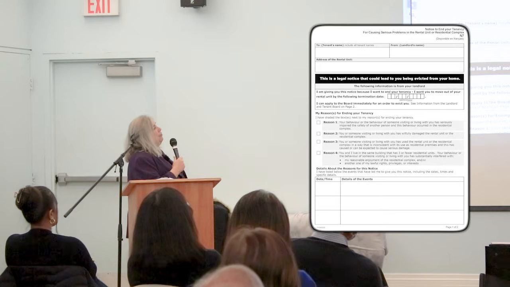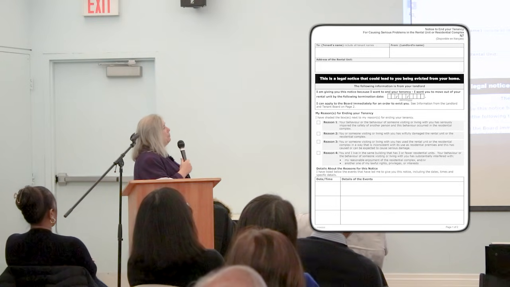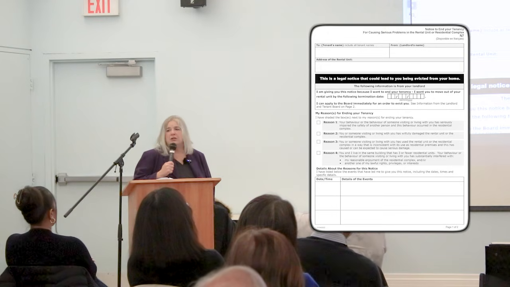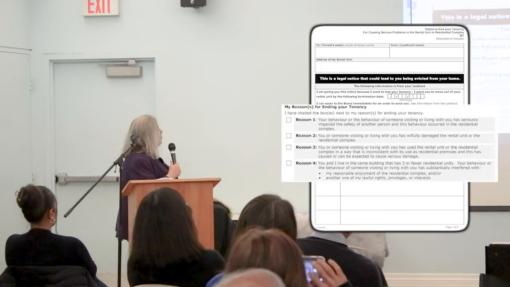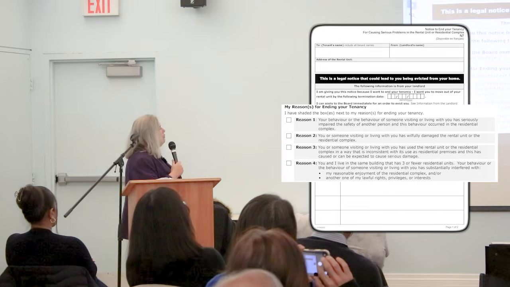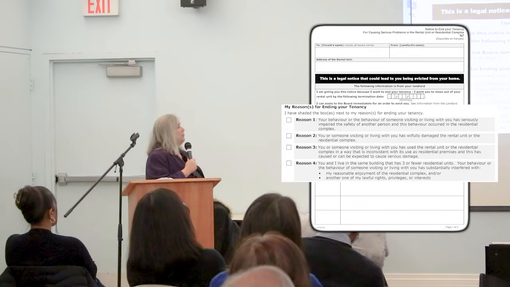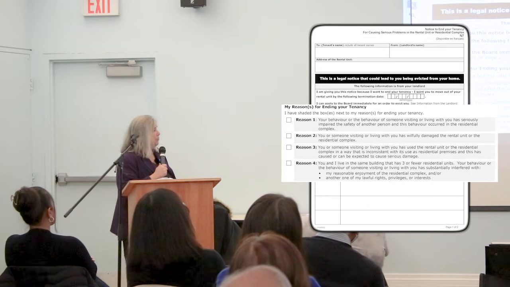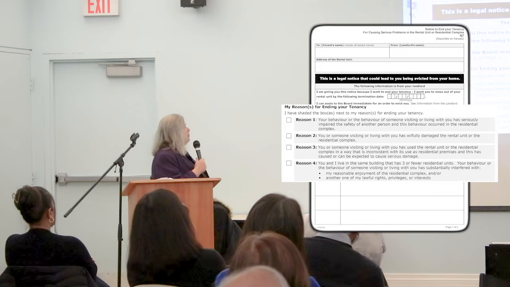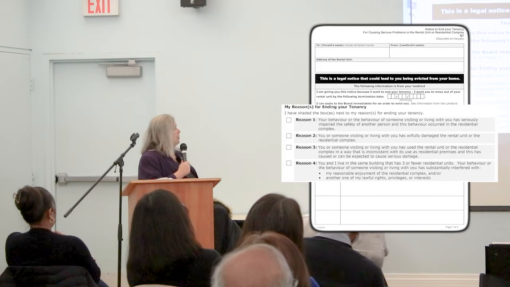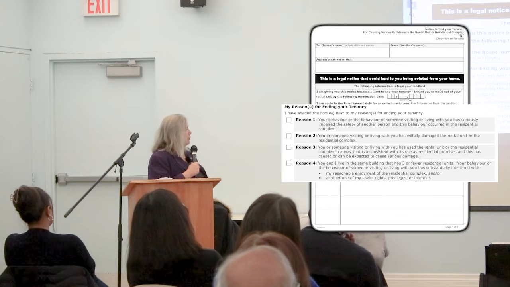And it's a notice to end your tenancy for causing serious problems in the rental unit or the residential complex. If we slide down, it'll say, I'm giving you this notice, and the reasons are: 1, your behavior or the behavior of someone visiting or living with you has seriously impaired the safety of another person, and this behavior occurred on the residential complex. 2, you or someone visiting or living with you has willfully damaged the rental unit or the residential complex.